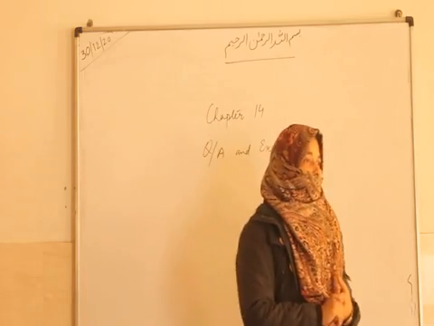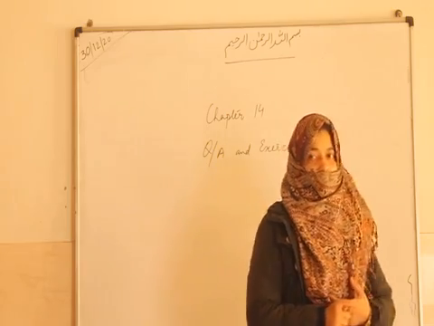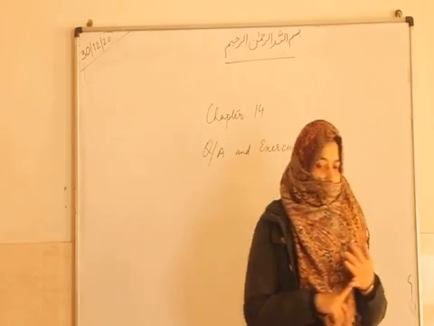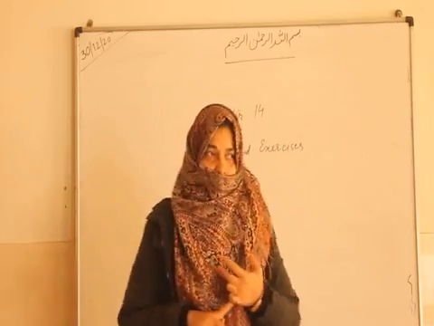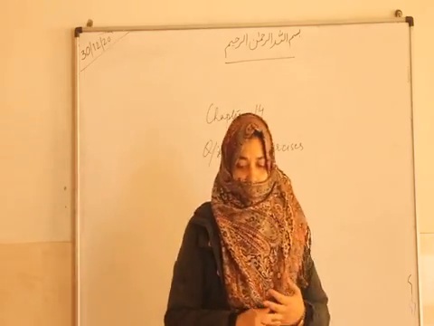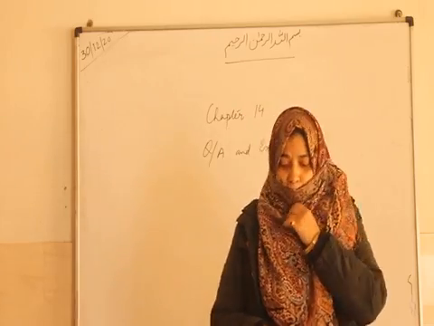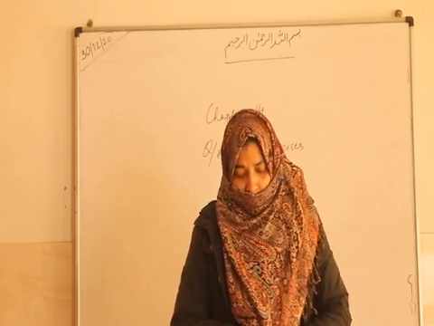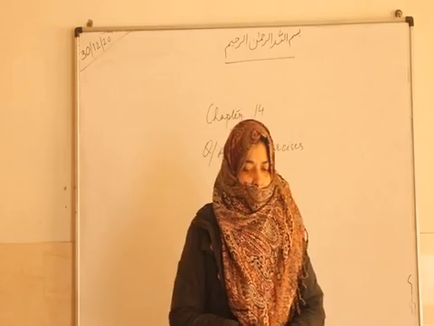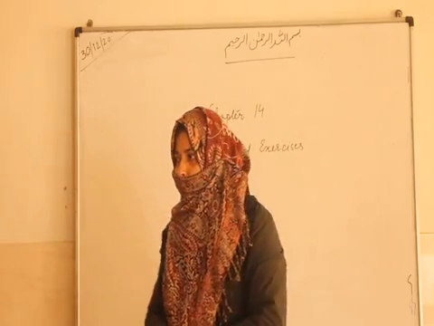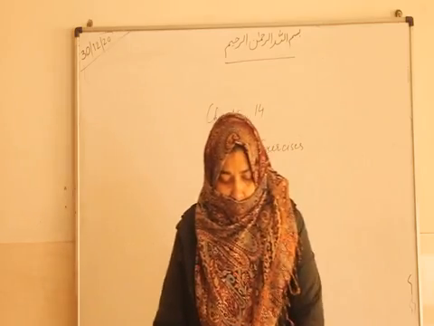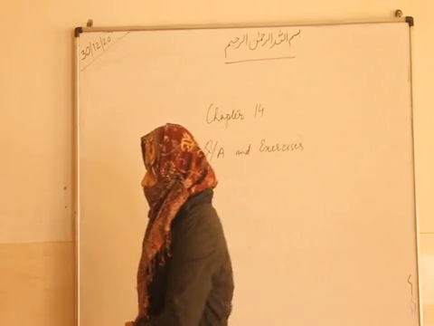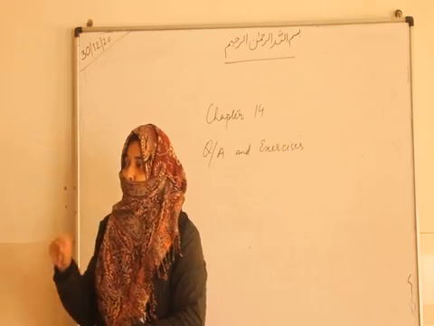How many molecules of carbon dioxide? Not 3. 6. Water molecules also. How many? 6. ATP? How many ATP? 38. And heat? How much heat is released? 420 kilocalorie.